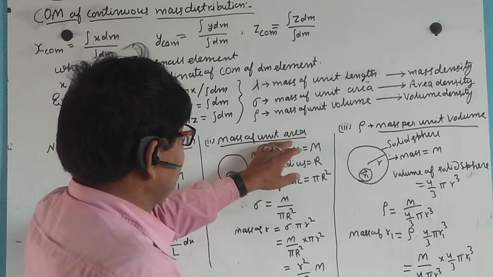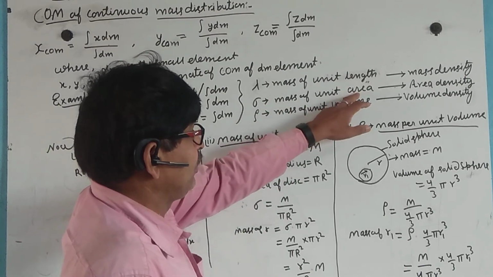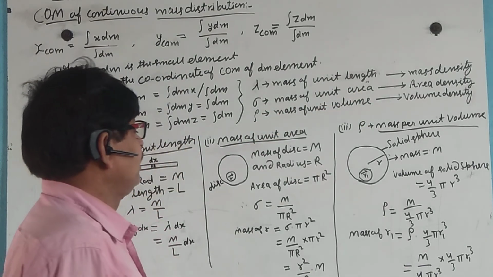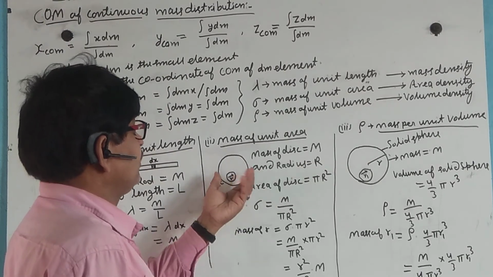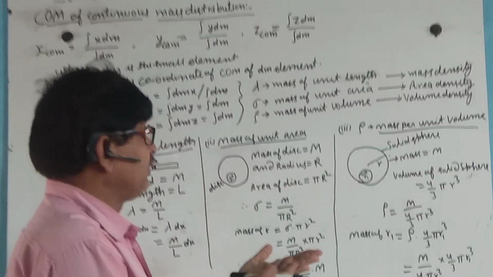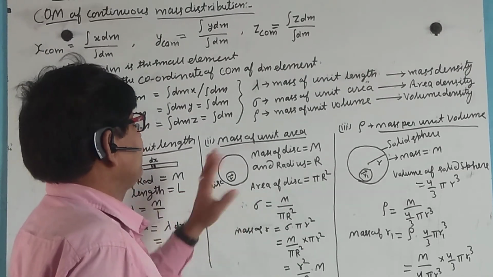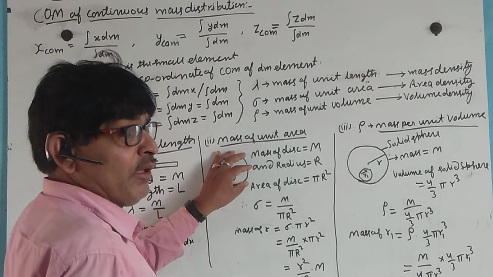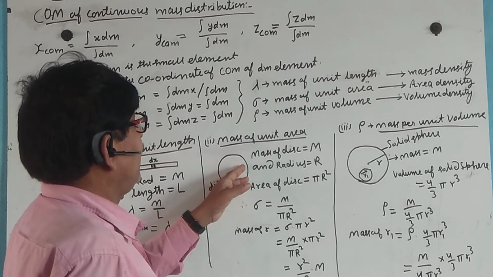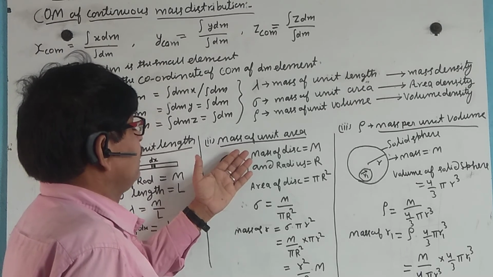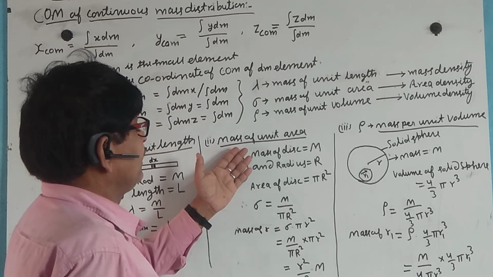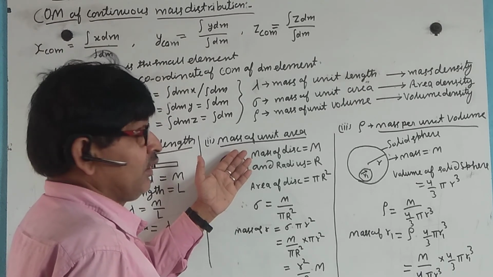Now mass per unit area, sigma, is the area density. Let us suppose a solid disk, whose mass is m and radius is R, so the area of this is pi R square.